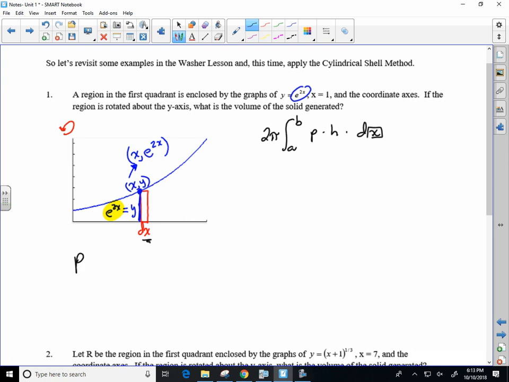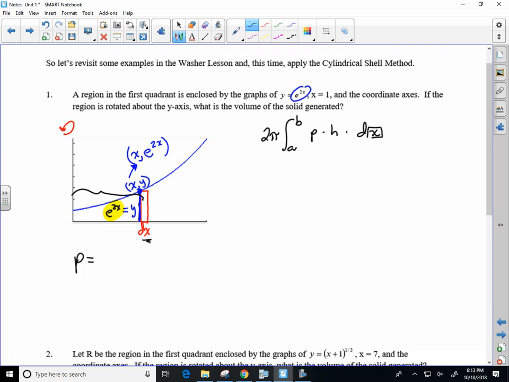The p, again, is the distance from the axis of revolution to the center of the arbitrary rectangle. But since that arbitrary rectangle has infinitesimal width, the center is really anywhere you want it to be. And it all depends on where I place it anyhow. So that p is a distance off of the y-axis.